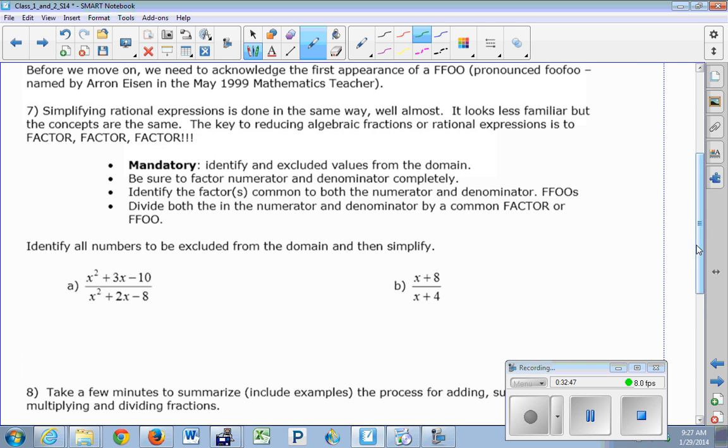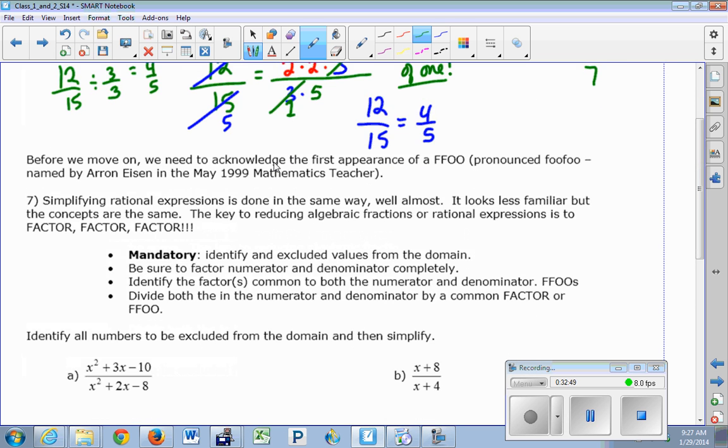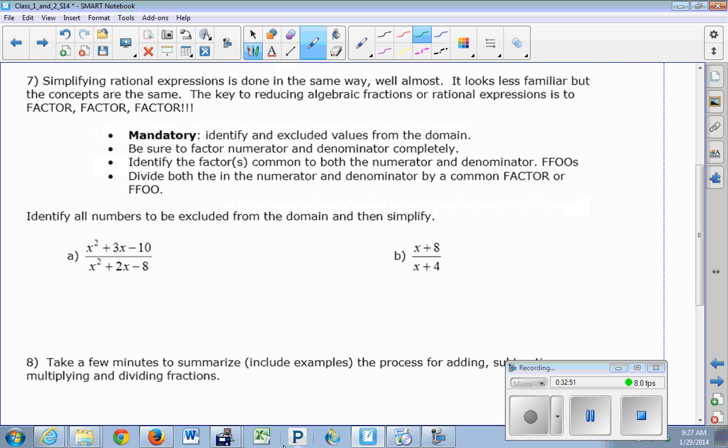It may look totally different to you. And sure, I agree with you, it does look different. But the idea behind how you reduce this kind of fraction, an algebraic fraction, and how you reduce 12/15 is absolutely no different. Okay, we're going to factor the numerator into its prime factors just like we did with 12, and we're going to factor this.